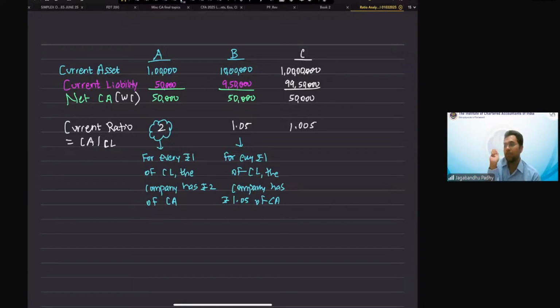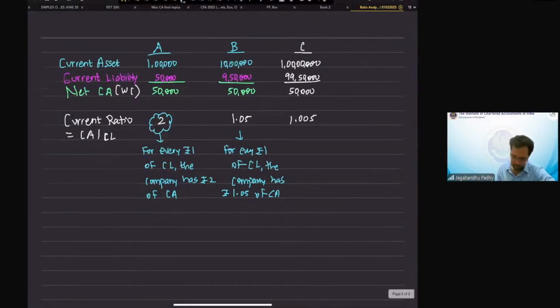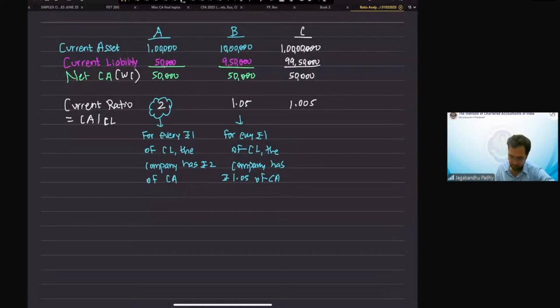You have 2 rupees to pay 1 rupee. On the other hand, company B has 1.05 for every 1 rupee of current liability. So the coverage is definitely higher in case of company A, and therefore we say company A is better.